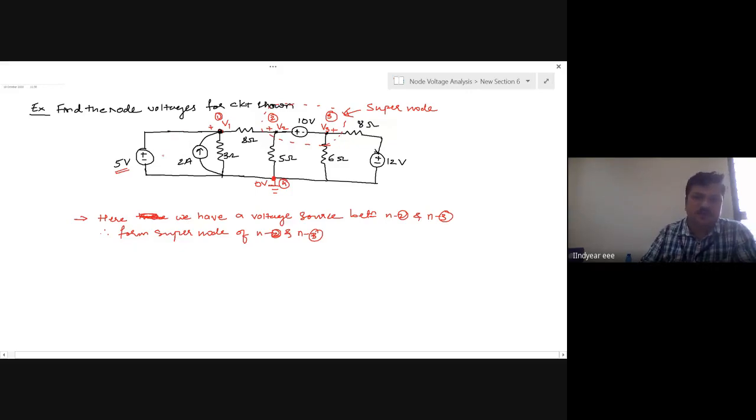Because the 5-volt source is existing between node 1 and ground, node 1 voltage is 5 volts, because it is directly connected to node 1 without any element in between. Suppose there would have been some element in series with this 5 volt, then the voltage V1 would not have been 5 volts.